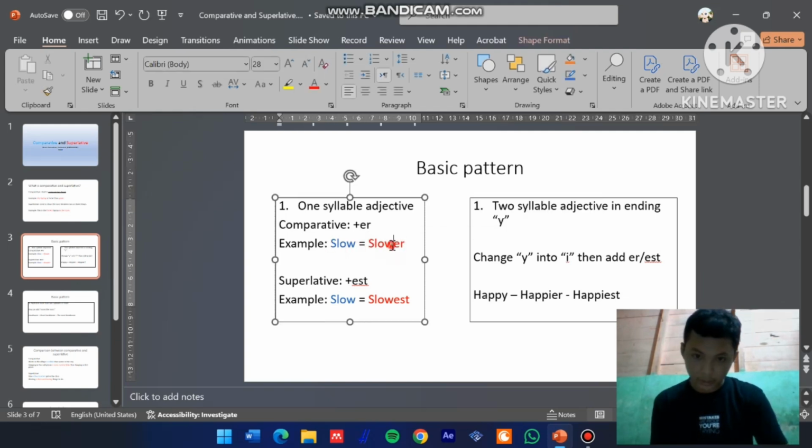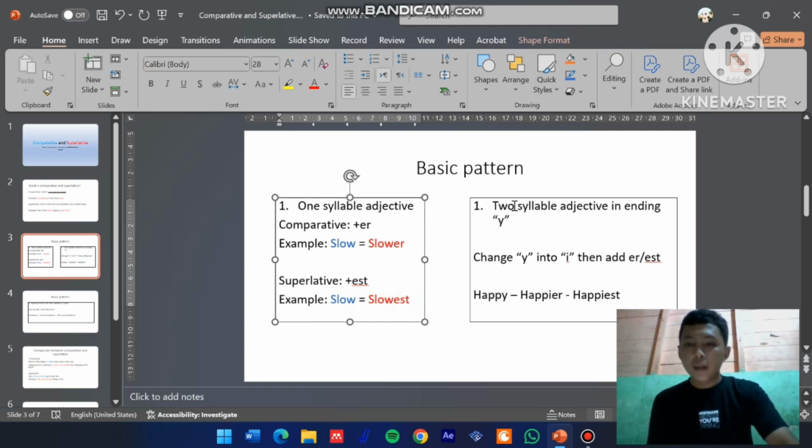You just need to add er. And next we have superlative. For superlative, you add est after the adjective. So, like this, slow, slowest.